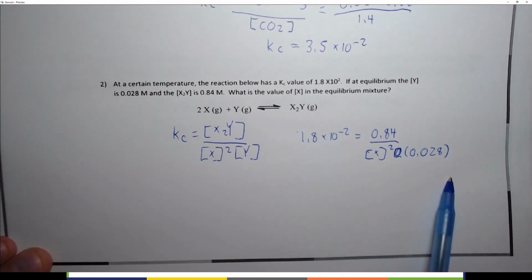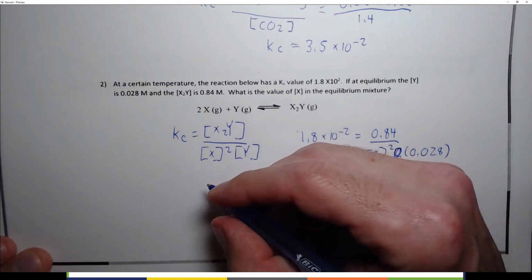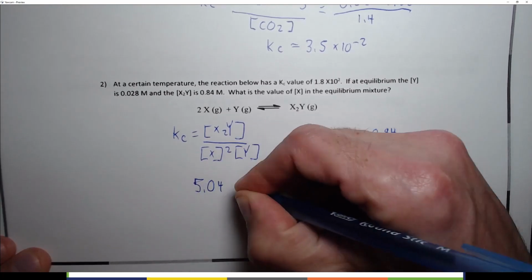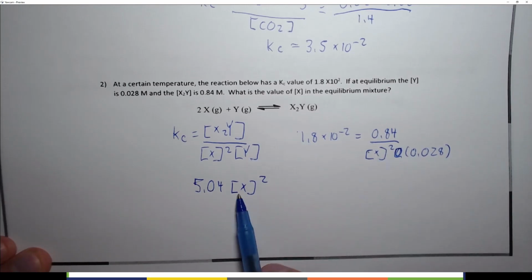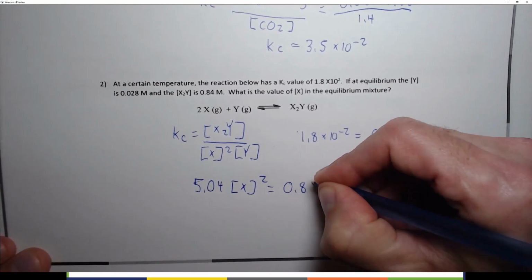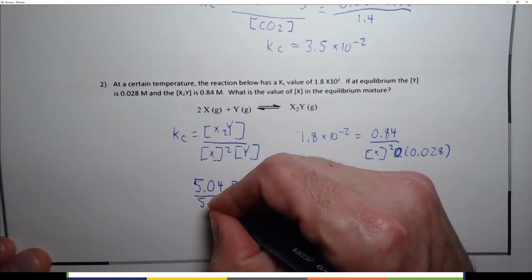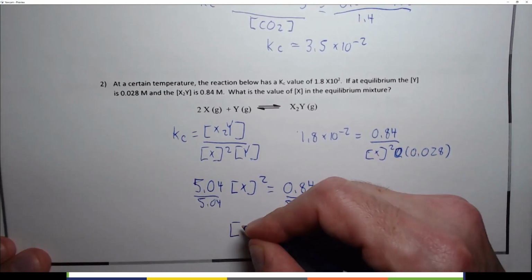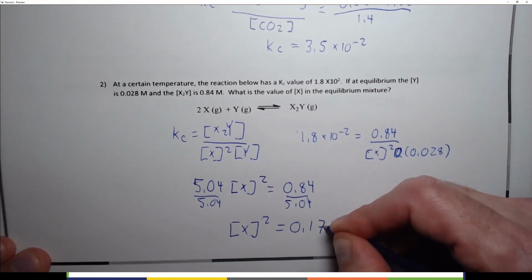The easiest way to do that is to cross multiply. So we take this number times this number, and what we get is 5.04 times the concentration of X squared. So the X squared just comes along for the ride, and we multiply this times this, equals 0.84, which is still left on this side. Divide by 5.04, divide by 5.04, and we find that the concentration of X squared is equal to 0.17.